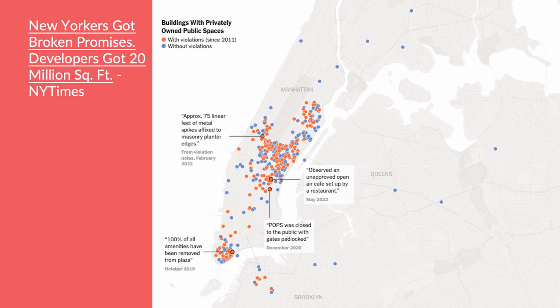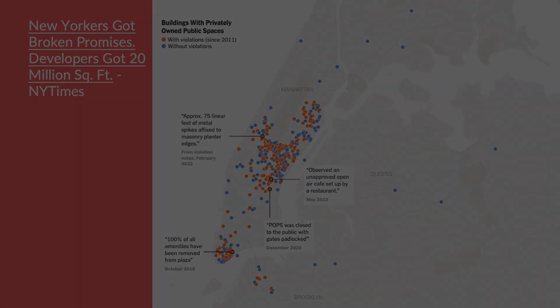I think this visual is really good at the storytelling element. It makes it very compelling to walk through and understand what's happening in this area and how this area has been developed and what the situation is with these privately owned public spaces in New York.